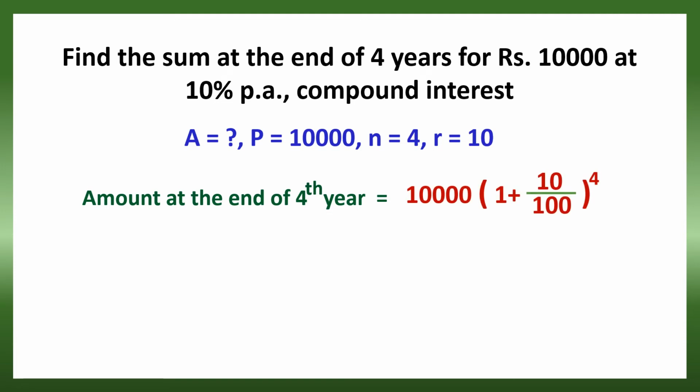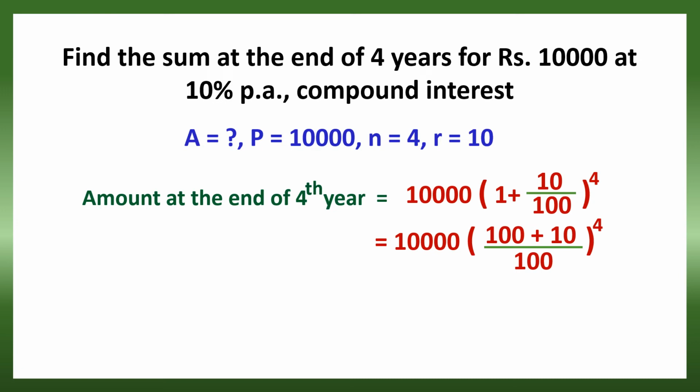10,000 into 1 plus 10 by 100 whole raised to 4. So that will be just like 10,000 into 100 plus 10 divided by 100 whole raised to 4. This 1 plus 10 by 100 cannot be added as such. So denominator of 1 has to be 100 in order to add 1 with 10.